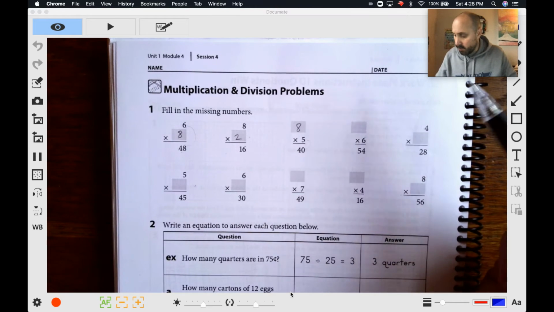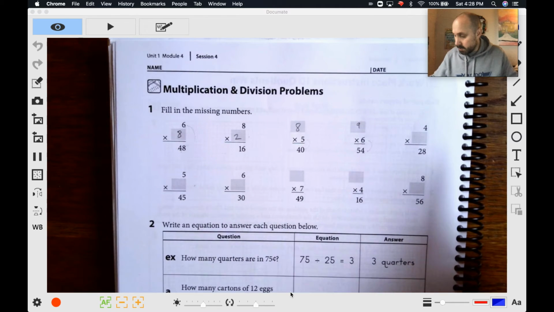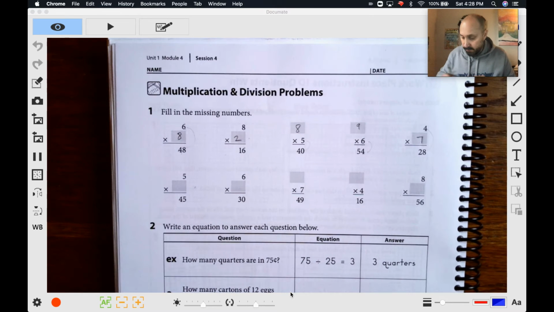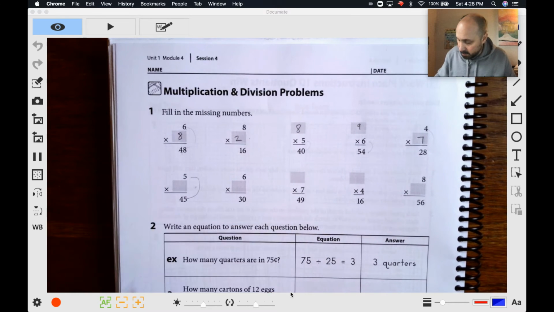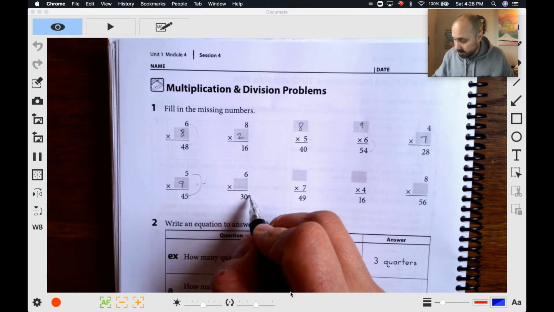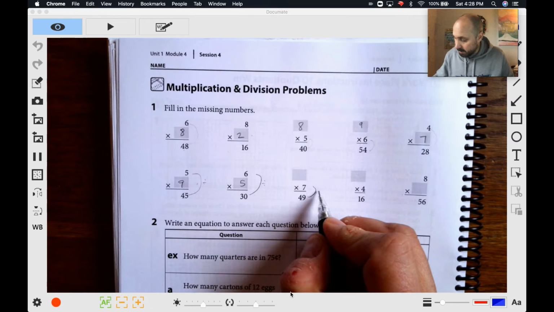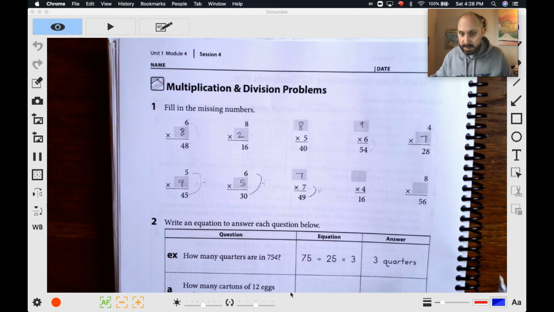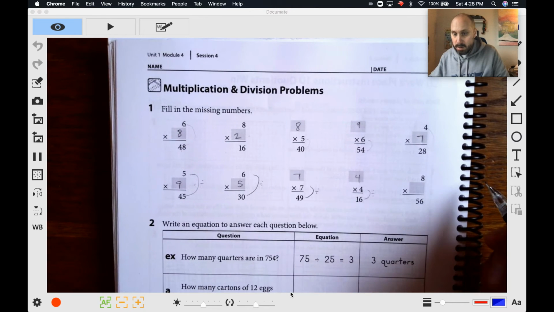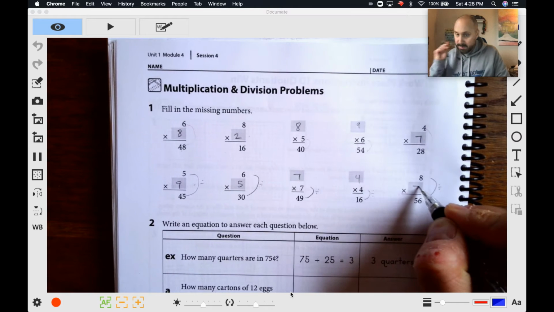So the area is 54. 54 divided by 6 is 9. 28 divided by 4 is 7. 45 divided by 5 is 9. 30 divided by 6 is 5. 49 divided by 7 is 7. 16 divided by 4 is 4. And 56 divided by 8 is 7.